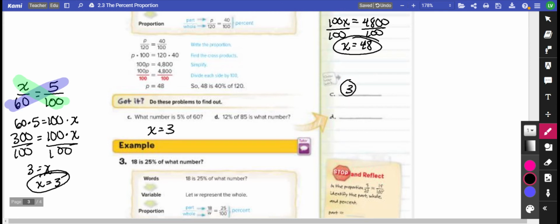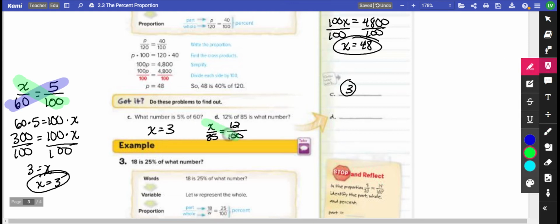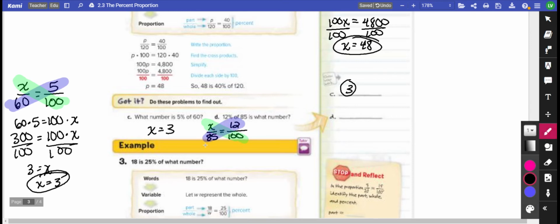Letter D, 12% of 85 is what number? Well, if I set up my proportion, it's going to be 12 out of 100 on the right side. And I'm going to solve for my part out of my whole of 85. I'm going to cross multiply. X times 100, 85 times 12. So this becomes 100 times x equals 85 times 12.